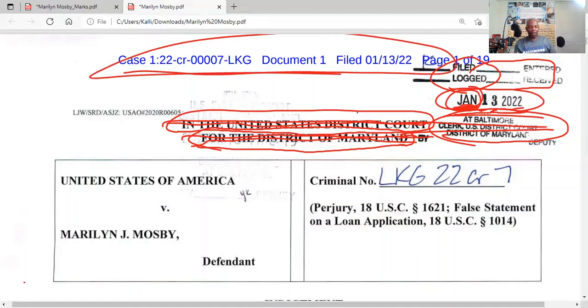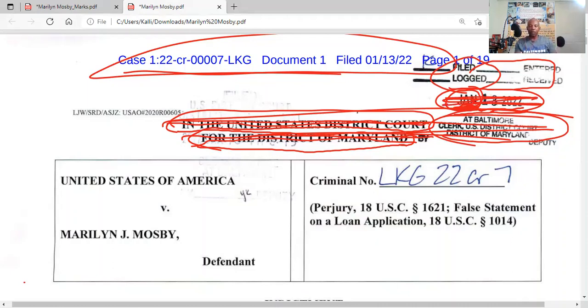As far as the body of the document or the important information of the document, everything up here is void, including this. There's no date here, so there's no date stamped on here. These acronyms, JAN stands for 3 words, and we have no closure on what those 3 words are.